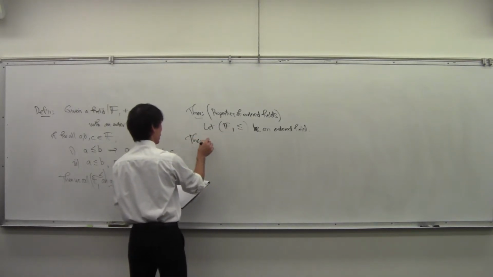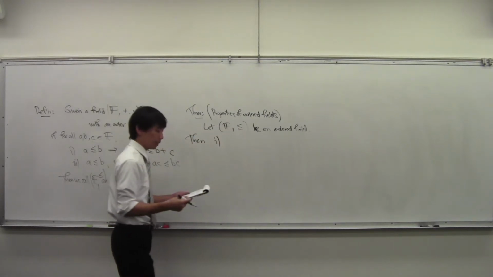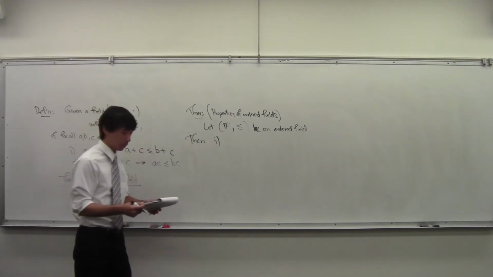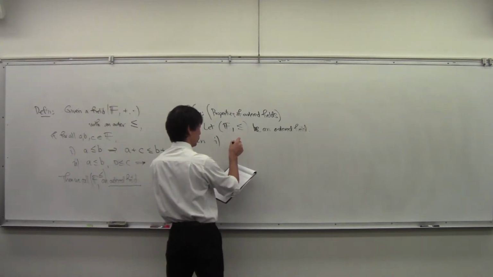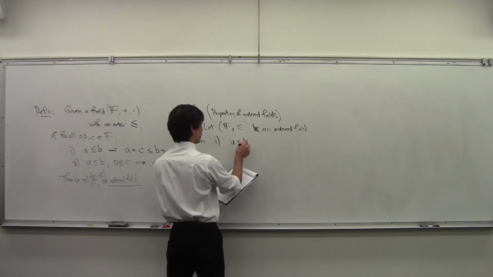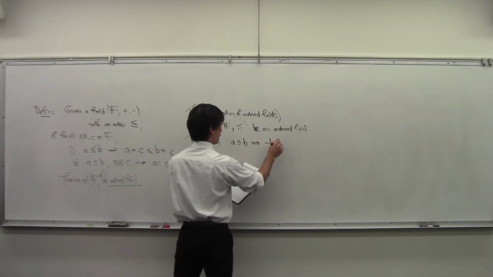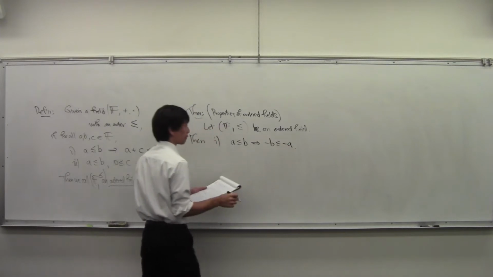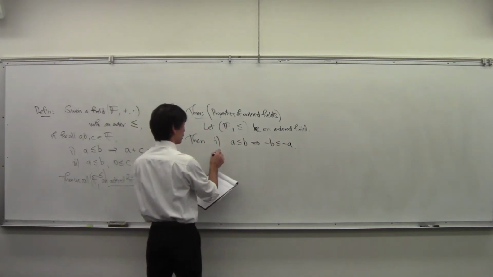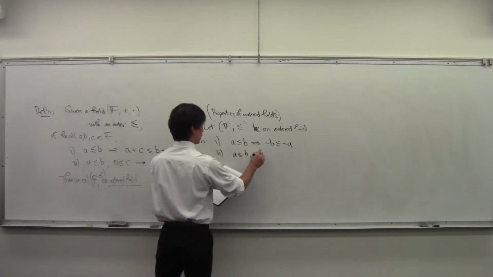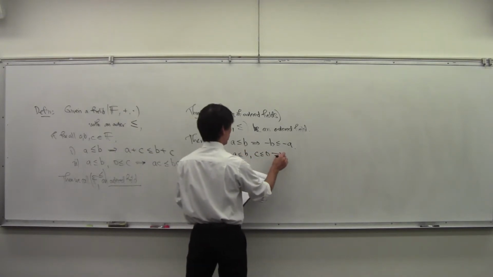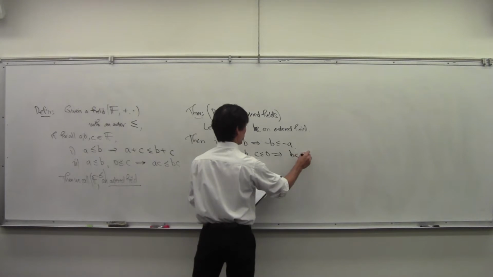Then a bunch of things happen that you would think should happen. One, if A is less than or equal to B, then negative B is less than or equal to negative A. 2, if A is less than or equal to B and C is less than or equal to 0, then BC is less than or equal to AC.